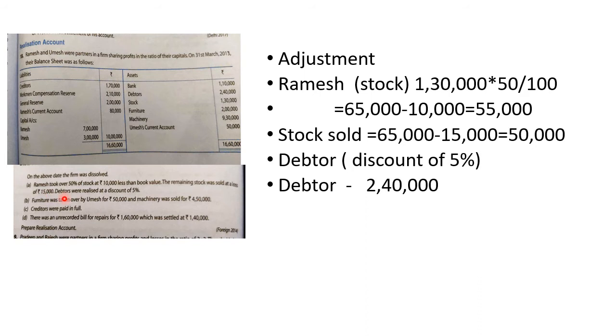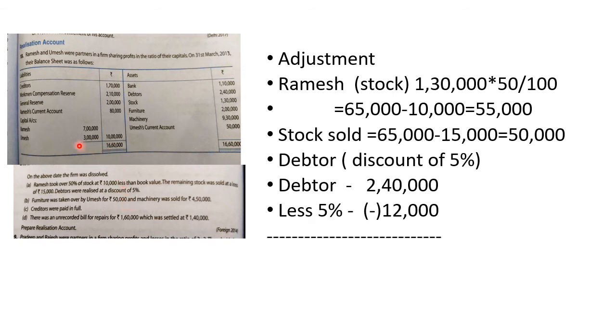by cash. Then debtors were realized at a discount of 5%. Here value of debtor is 2,40,000 minus 12,000. That is the amount realized from the debtor. Then furniture was taken over by Umesh for rupees 50,000. As asset taken by a partner is recorded in the credit side by writing by Umesh current account.